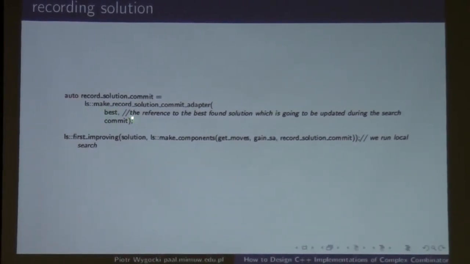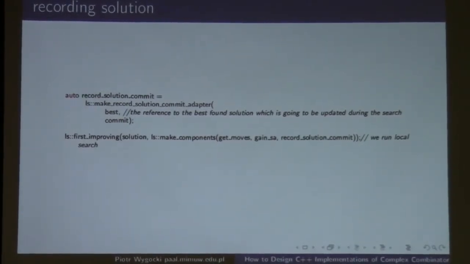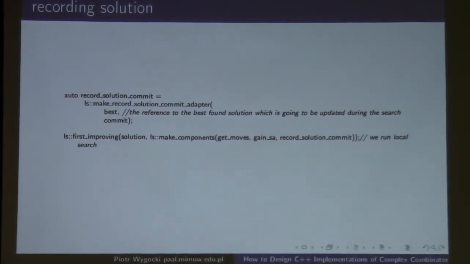Of course, it's not for free, because this introduces additional copies. So it's up to the user if you want to use it, but by default we are not recording the best one, though it can be easily done. So I think you've got the idea. All the time we are just writing these adapters, and they can be composed, and it just works.